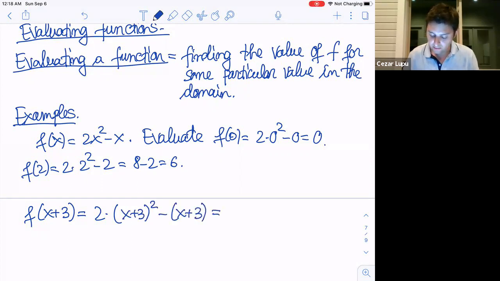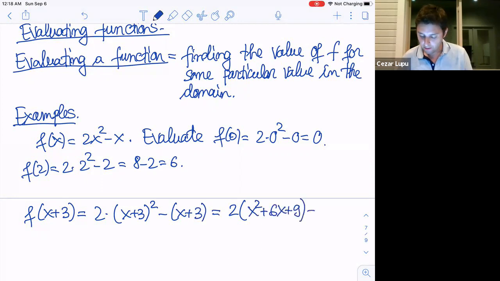We should pay attention with the computations at this point. You can expand this: 2 times, using the square expansion, x squared plus 6x plus 9, minus x plus 3.